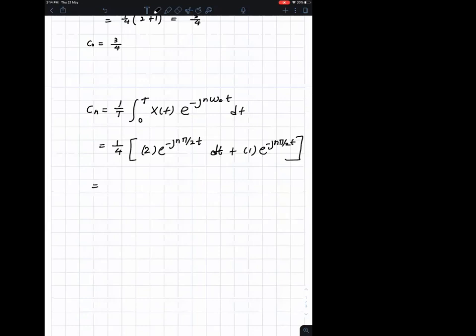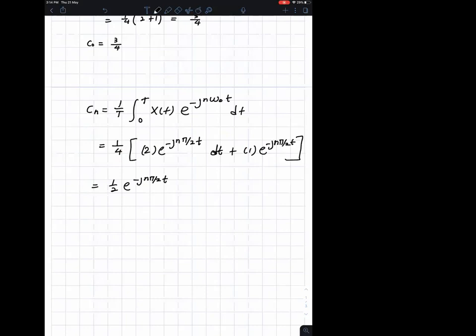That's what we can do. We can split the integral, just multiply the 1/4 through. So 1/4 multiplied by 2 is 1/2 e to the minus j n pi over 2 t.